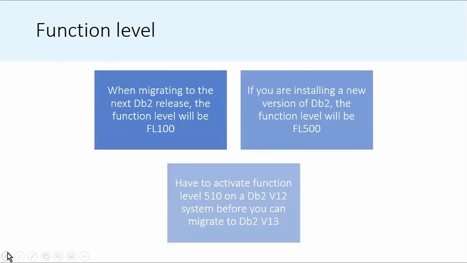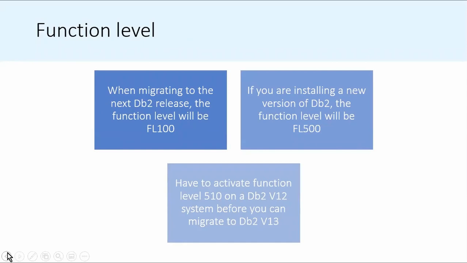Now, when you migrate to the next Db2 release, which for us is Db2 13, your function level will be function level 100. So when you enter Db2 13, you're at function level 100. If you had first installed a brand new Db2 12, you would have been at function level 500.